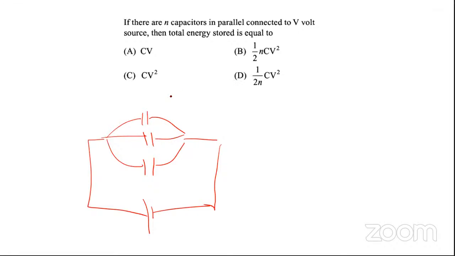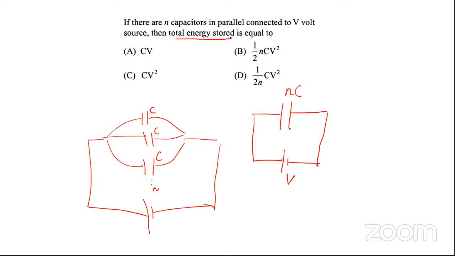So suppose these are all C. For n capacitors, the total capacitance will become n into C, connected to a battery V. Now the total energy stored is being asked. We know that energy stored in a capacitor is equal to half C into V square. So half NC into V square. That gives us option B as the answer.